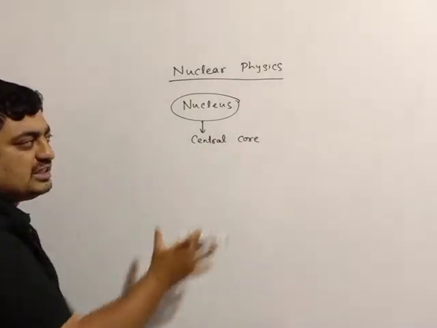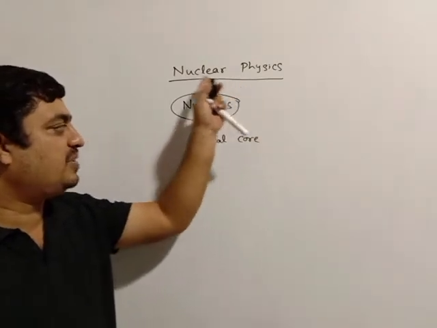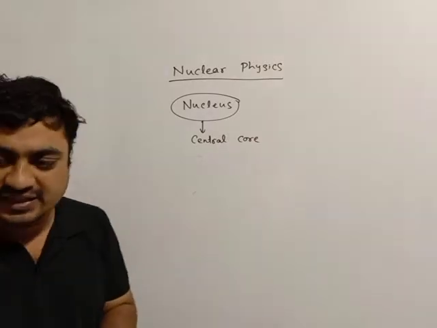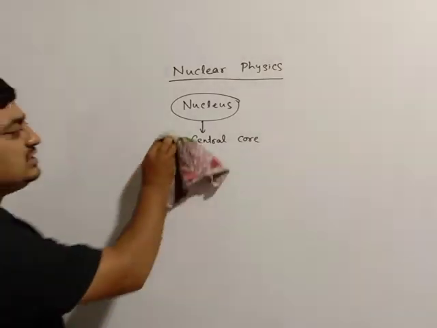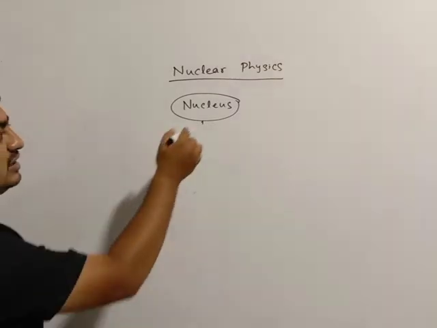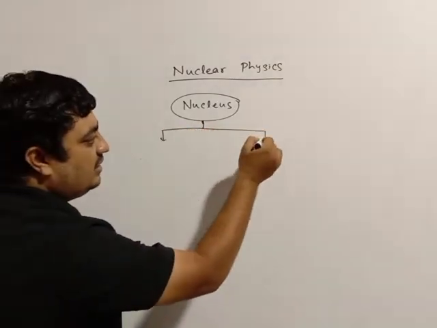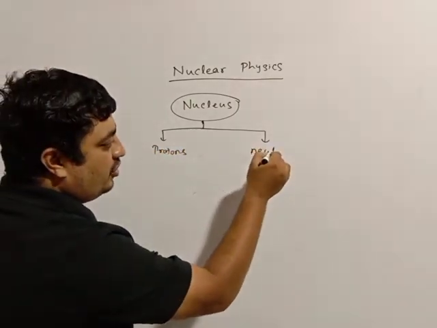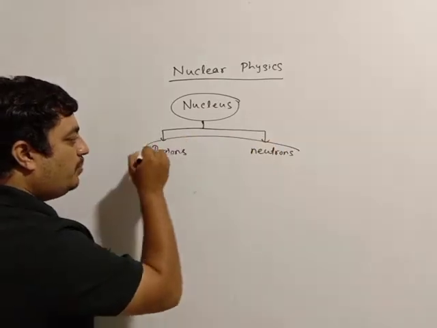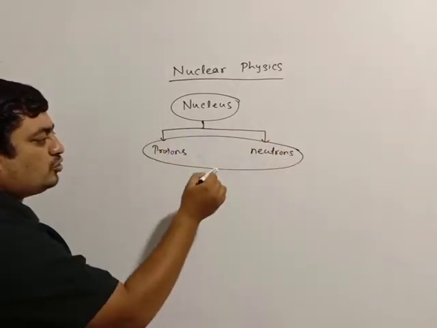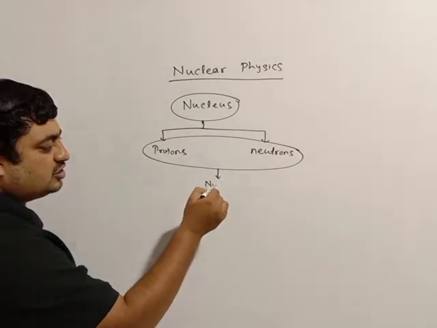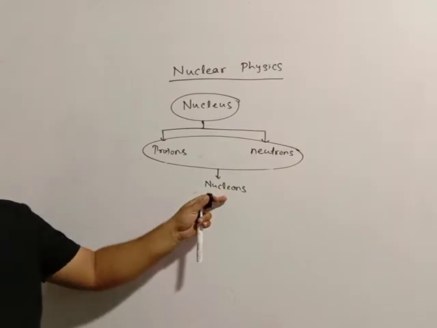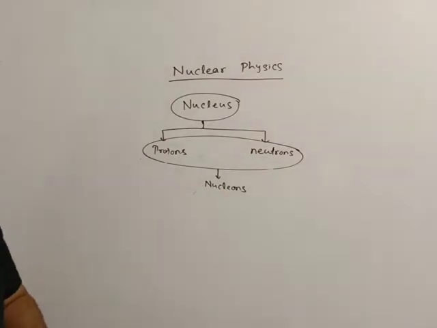All the positive charge and almost all the mass of the atom is concentrated in a central core that is called the nucleus. The main constituents of the nucleus are protons and neutrons. Protons and neutrons together we call nucleons.